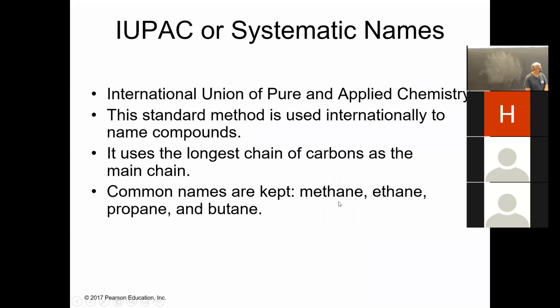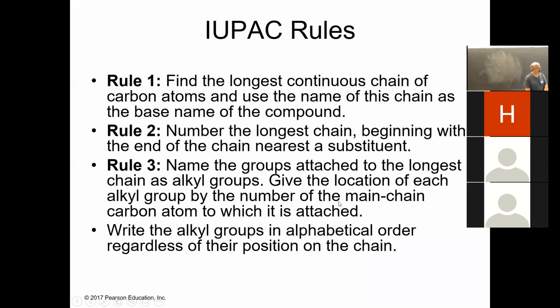Okay, so it uses that name. And we have a set of rules that we follow to name a compound, even a compound that we haven't seen before. Okay, so we find the longest continuous carbon chain. And we use that name as the base name or the parent name of the compound.